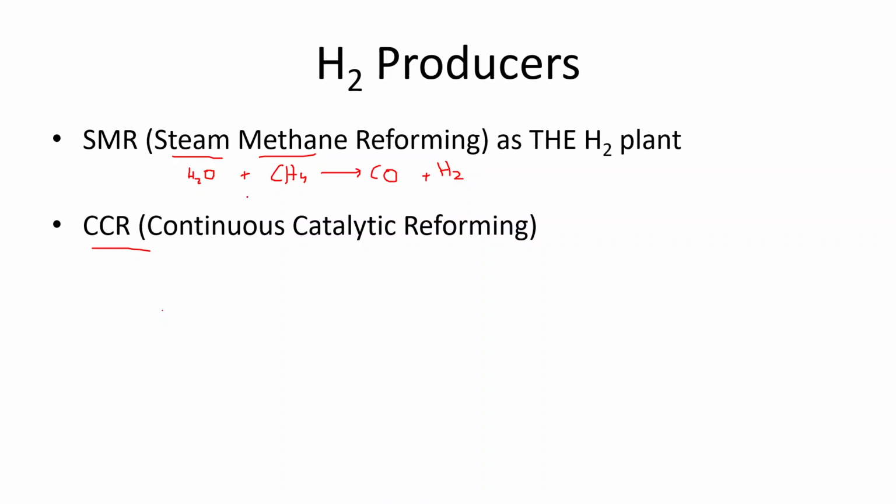If you do a mole balance, using 1 mole of methane and 1 mole of water you can produce 3 moles of hydrogen, which is a lot. This unit is the workhorse, basically the hydrogen plant in the refinery, because it generates lots of hydrogen, and as part of the plant we can also make higher purity hydrogen.